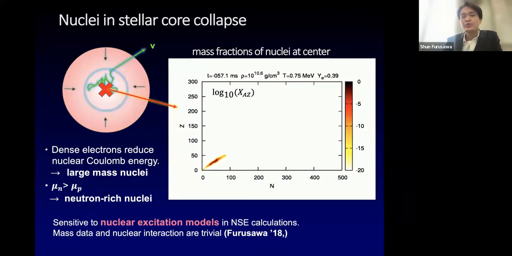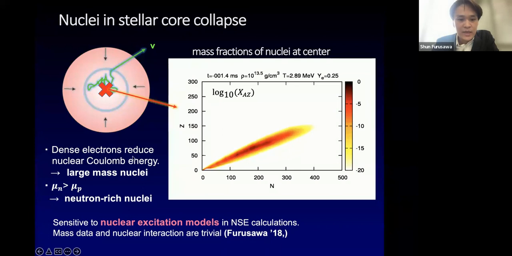So I will introduce nuclei in core collapse supernova simulations. This is the mass fraction during the core collapse phase, the mass fraction at the center of the collapsing core. First, iron group nuclei are dominant, but as the density increases, dense electrons reduce Coulomb repulsion among protons in nuclei, and heavy nuclei can be formed.